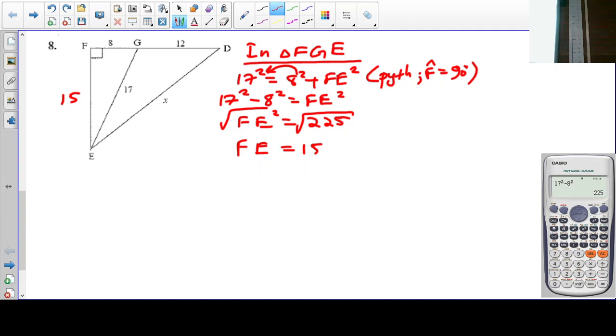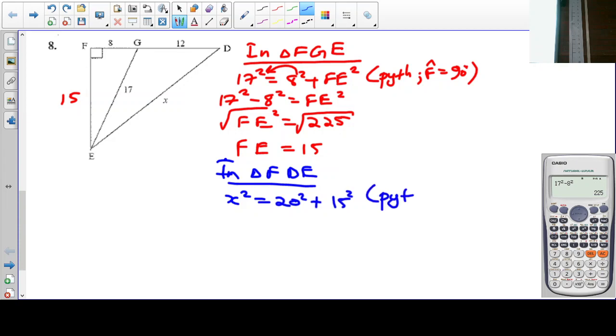So what do we do now? In the big triangle we can work now. In triangle FDE, you see there's your 90 degrees. So in triangle FDE, what do we say? x squared equals 20 squared plus 15 squared.